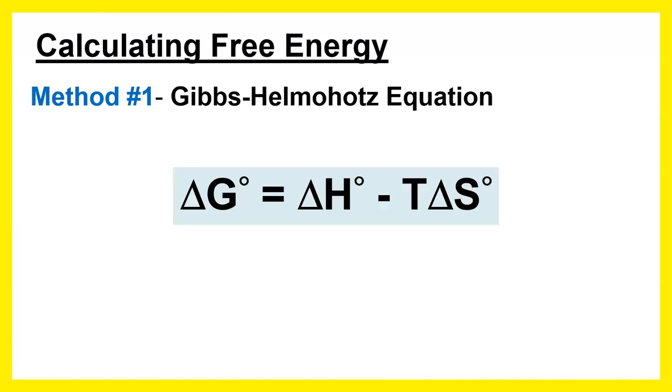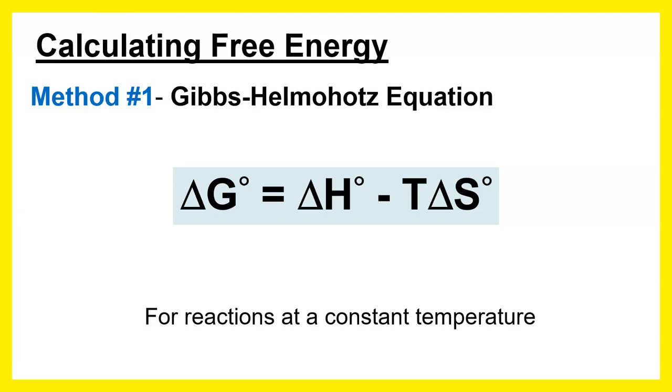Method number 1, using the Gibbs equation, right? Find your delta H, find your delta S, plug it all in, find delta G, okay? One thing to understand that bothers people a lot is that we are making an assumption that we are performing these reactions at a constant temperature. And when you tell someone, oh, it's exothermic, their first thought is, well, temperature is going to go up, so how is that constant?